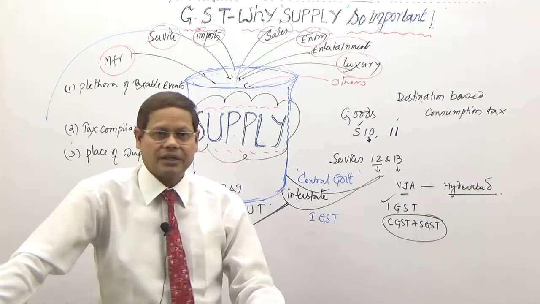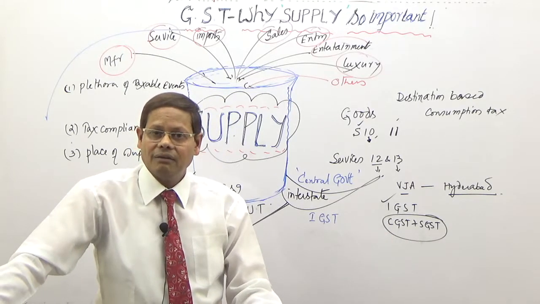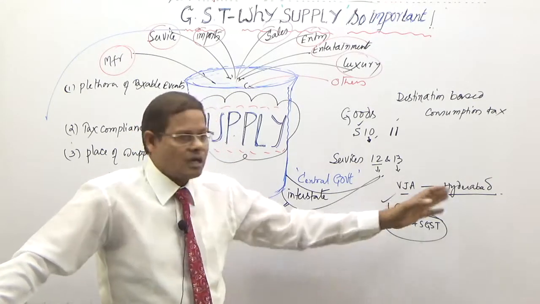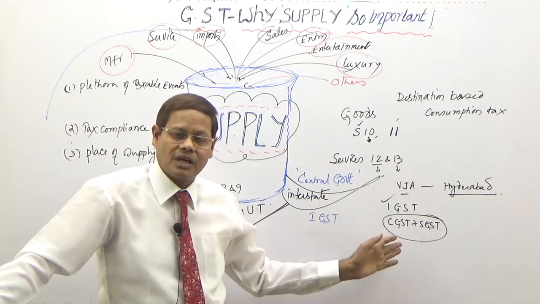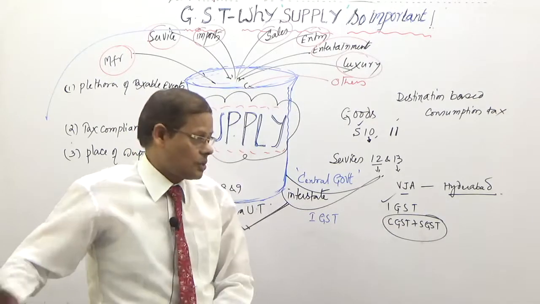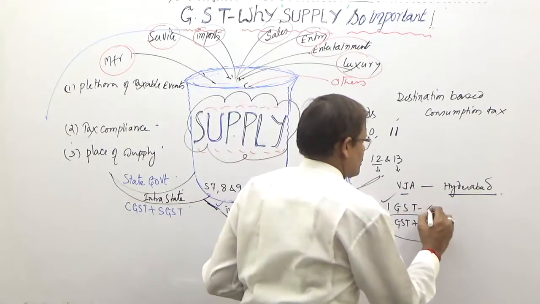Now IGST is collected. Then neither the AP government nor the Telangana government is collecting anything right now in this particular context as per this GST law. So who is collecting? It is the central government.